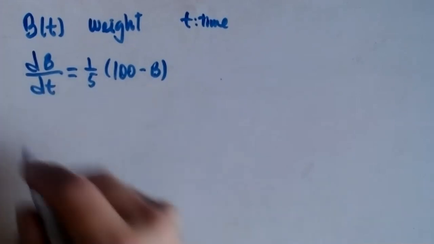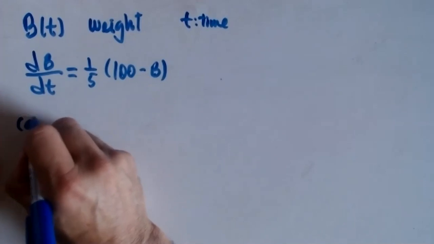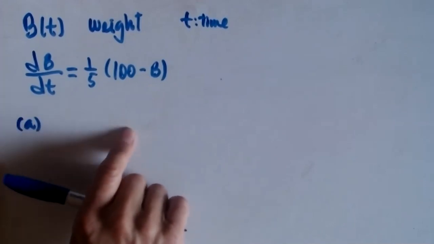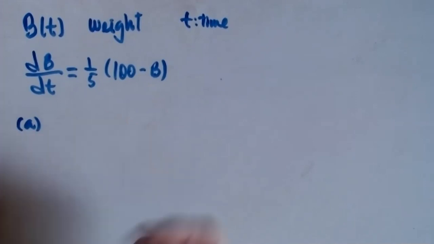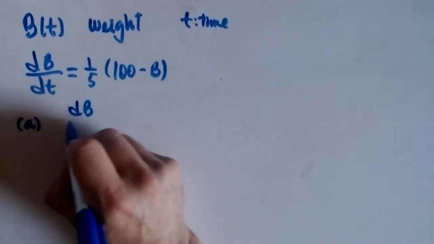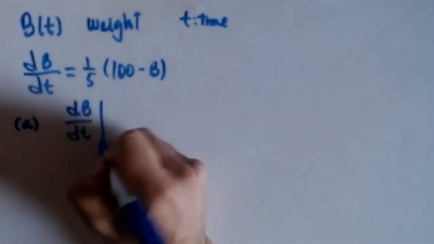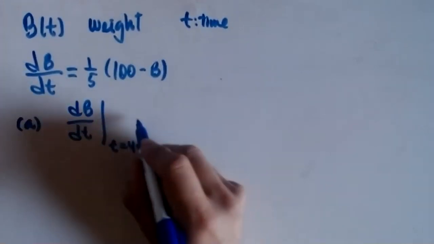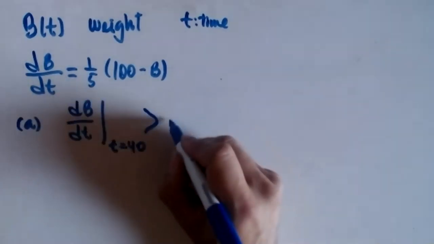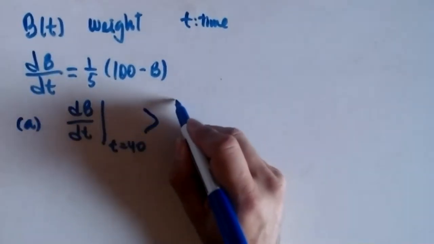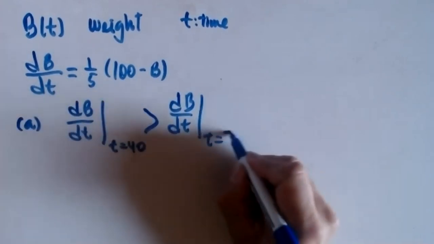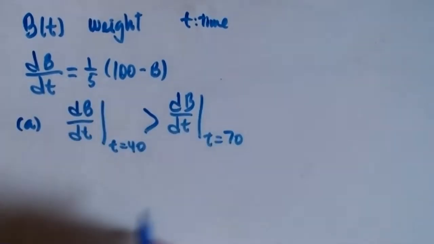So the first question is A. Is the bird gaining weight faster when it weighs 40 grams? Faster means dB/dt evaluated at 40 is greater than dB/dt at 70, or vice versa.